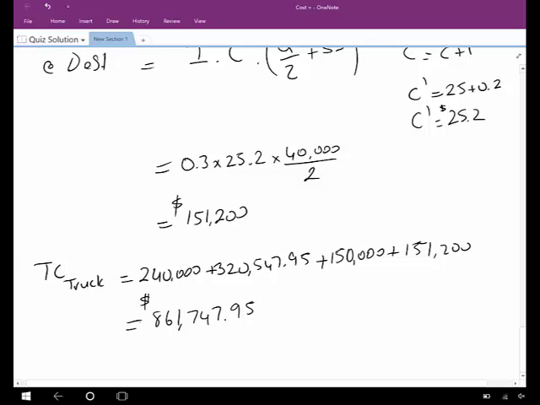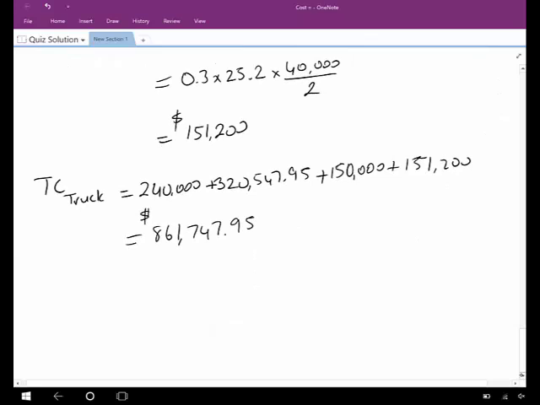So apparently the truck is almost half the cost of rail, although you pay a smaller amount in transportation cost when you use rail transportation.